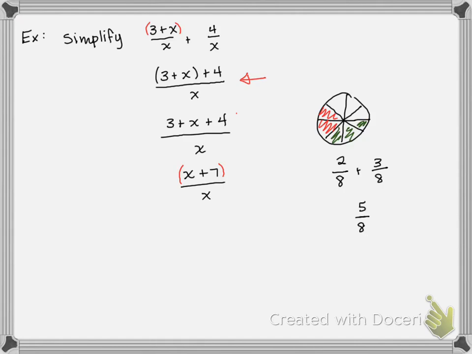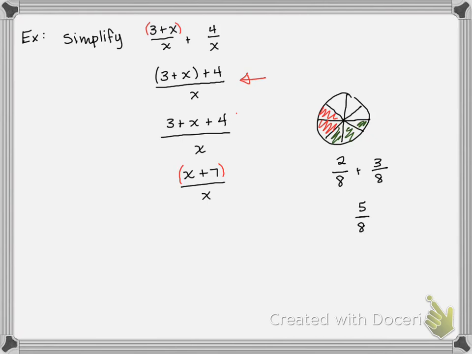So the size of each slice doesn't change just because we put them together, right? That's why we get common denominators: we can't change the denominator when we add. We have to be adding things that are the same size so that we can say, if I have 2 of this and 3 of this, I have 5 of it.